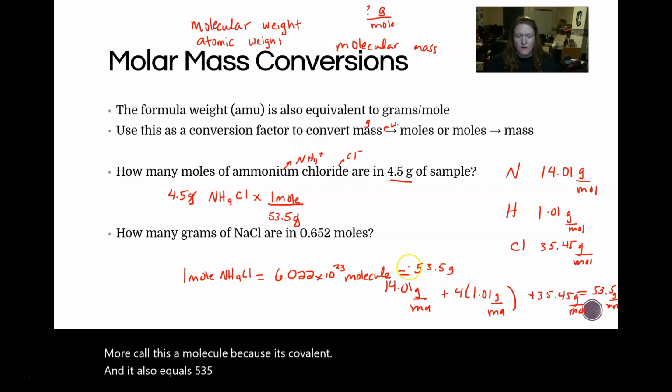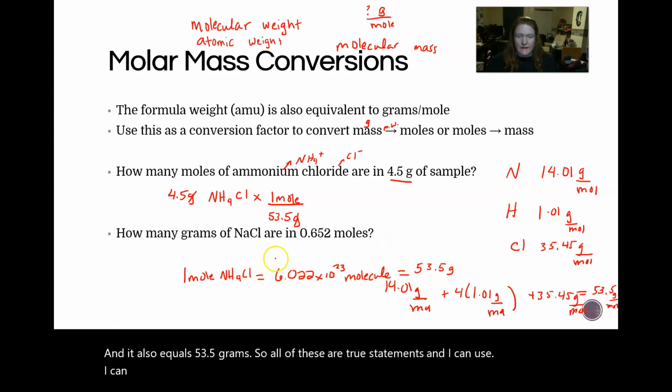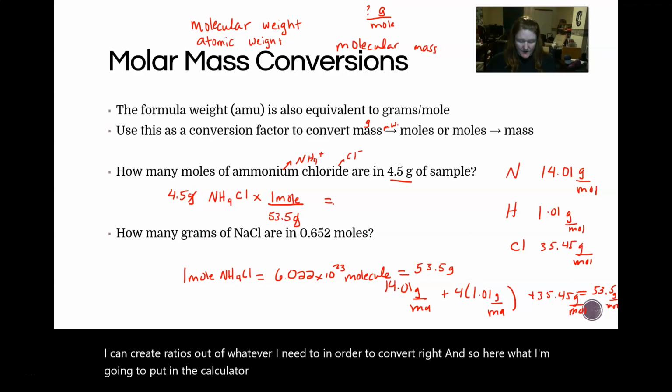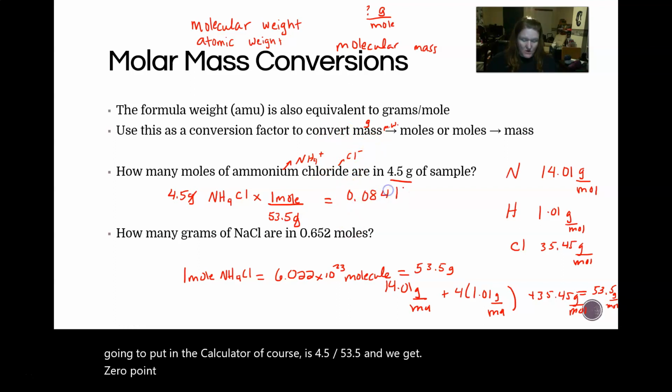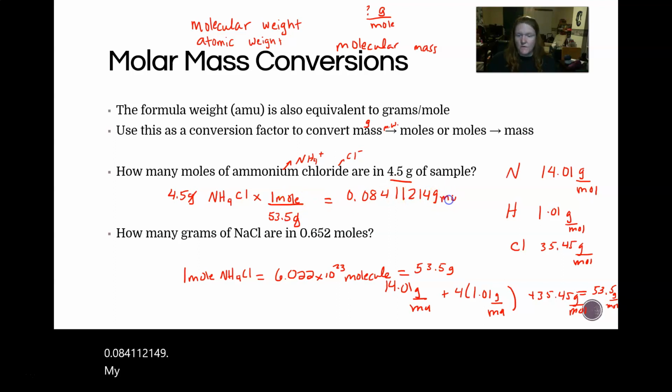So all of these are true statements, and I can create ratios out of whatever I need in order to convert, right? And so here, what I'm going to put in the calculator, of course, is 4.5 divided by 53.5. And we get 0.084112149. My unit will be moles, and my chemical will be NH4Cl.